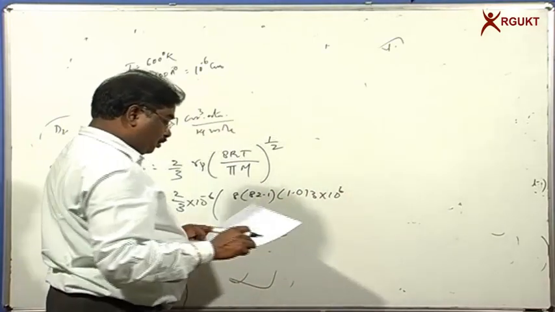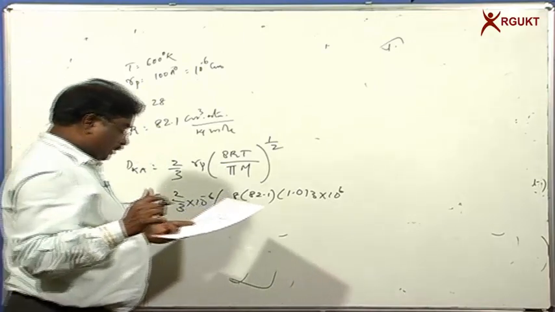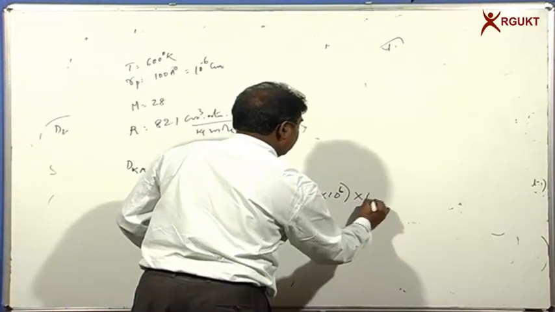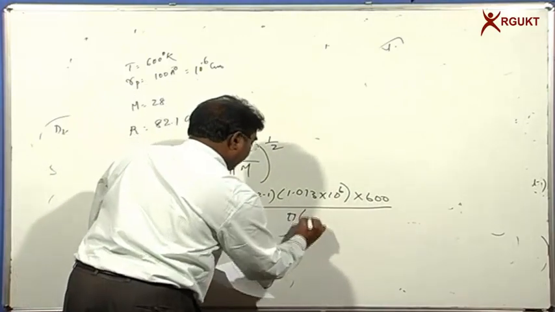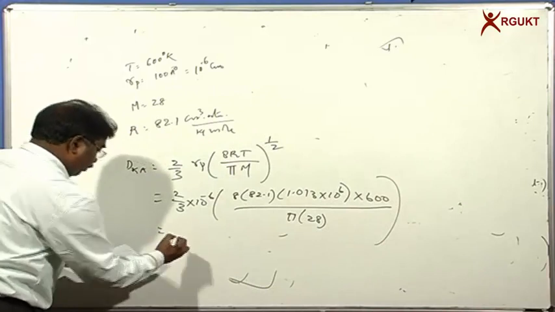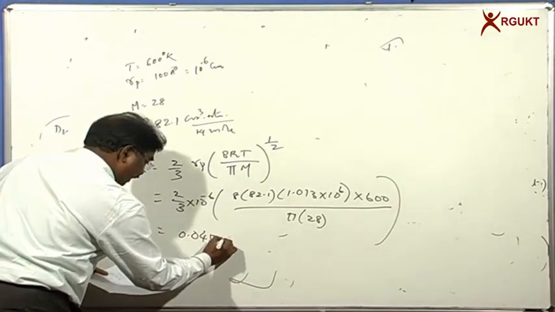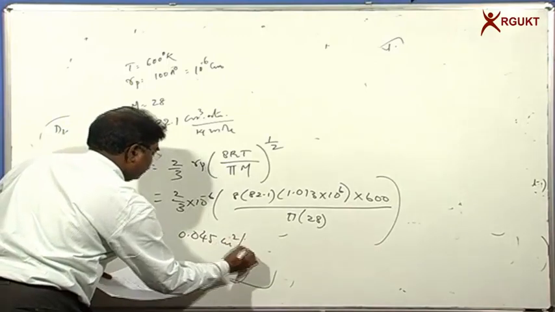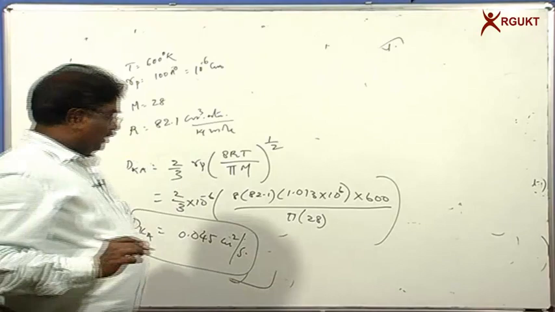This we are going to use to convert atmospheres into pascals, multiplied by 600 degrees Kelvin divided by pi into 28, that is equal to 0.045 centimeter square per second. This is the D_KA value.